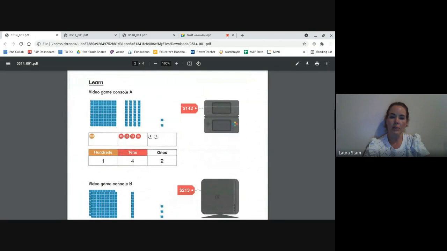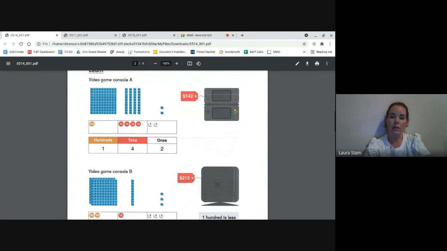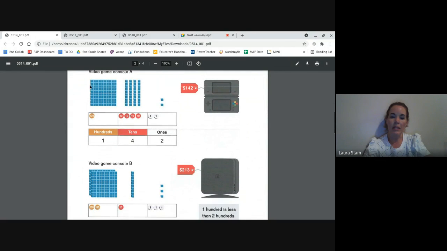All right, let's look at some options we have here. First we could use our base 10 blocks. We have our hundreds, our tens, and our ones for both of them. Then we have our place value discs, and we have them all placed in here.